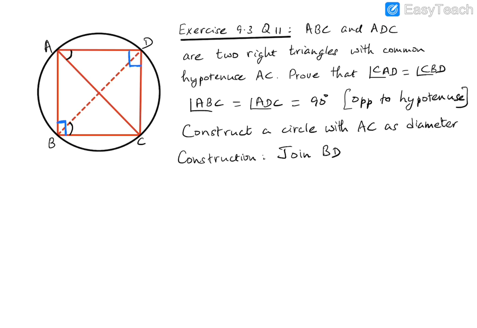Once we have joined the points B and D by the line segment BD, we can clearly see that the angle CBD is subtended by the chord CD at the point B, and the angle CAD is also subtended by the same chord CD.